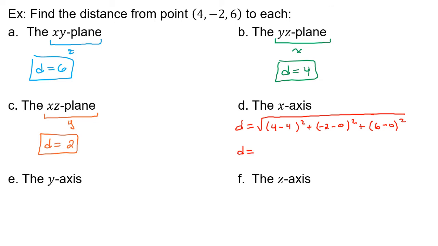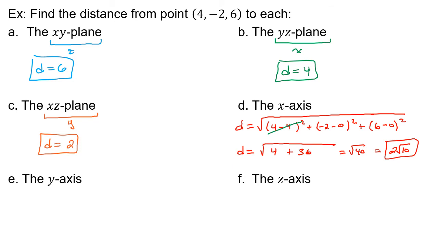And so this distance, the 4 minus 4 is 0, so that one just goes away. And so I'll get negative 2 squared, which is 4, and 6 squared, which is 36. This is square root of 40, or 2 root 10. And that would be your distance. It's basically the distance formula in your 2D space.